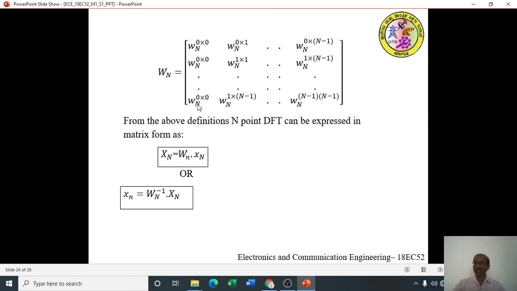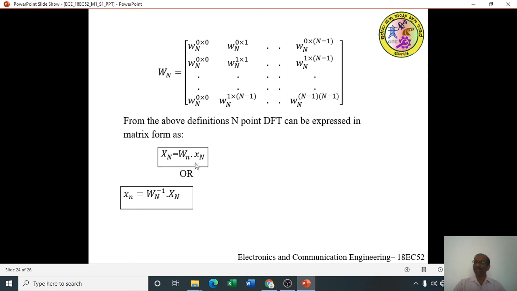Next row contains 0, 2, 4, 6. Next row contains 0, 3, 6, 9. And the final row contains 0, N minus 1, 2 times N minus 1 and so on. We will multiply this N cross N matrix with the input vector to get X of k. So a simple matrix multiplication between the twiddle factor matrix and the input matrix will give rise to X of k.